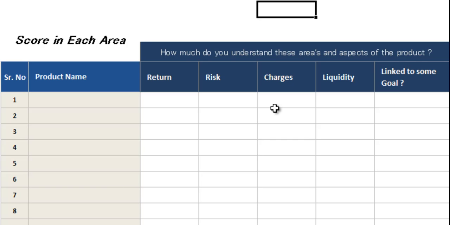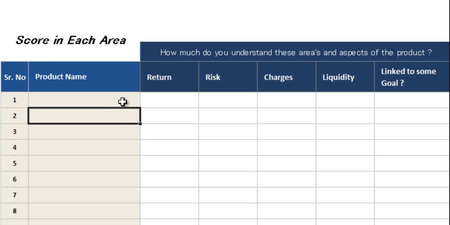We have credit cards, we have ULIP, we have mutual funds, we have ELSS, we have LIC policies, we have SBI policies, different kind of endowment plans, EPF, PPF, and all sort of things, right? Now, there are some parameters which we should generally check, and we should be very clear about it, but we are generally not. So we can just check how good or how clear we are on these parameters.